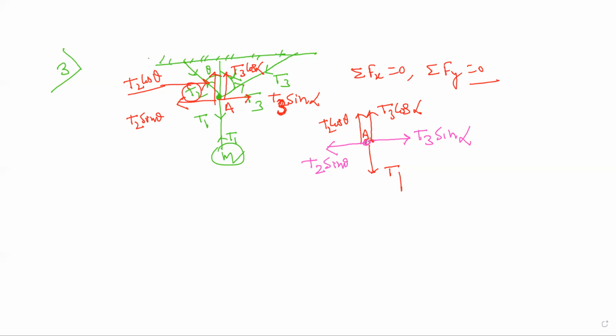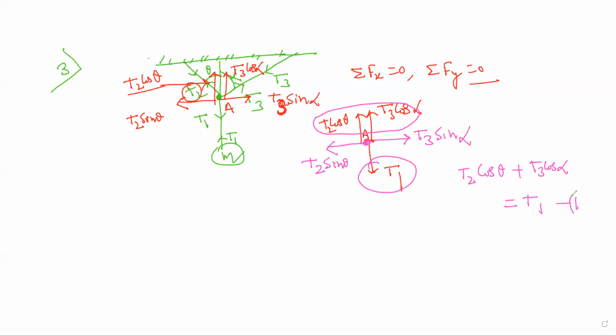Of course this point is also in equilibrium, so total upward force is equal to total downward force, that is T2 cos theta plus T3 cos alpha is equal to T1. This is for the vertical direction.